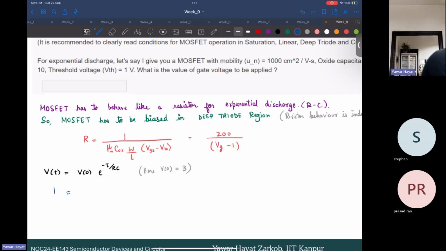So your 1 would be equal to 3 times e to the power minus t by RC.